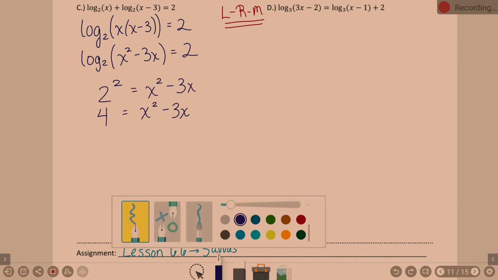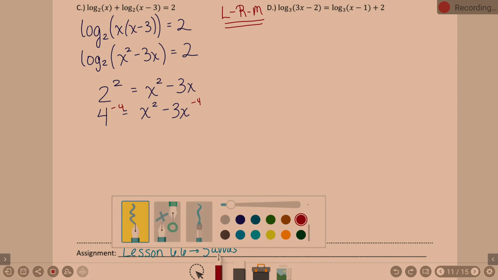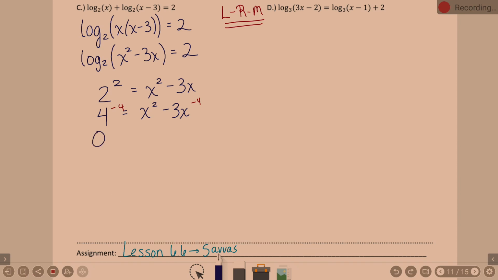This sounds familiar, doesn't it? Subtract the 4 to make my quadratic equal to 0. So 0 equals x squared minus 3x minus 4. X squared breaks into x and x, multiplying to -4, adding to -3.